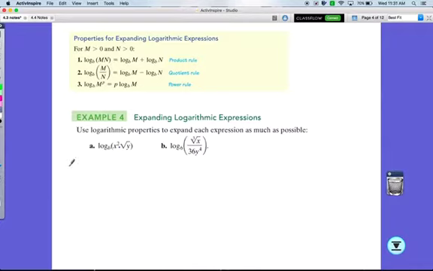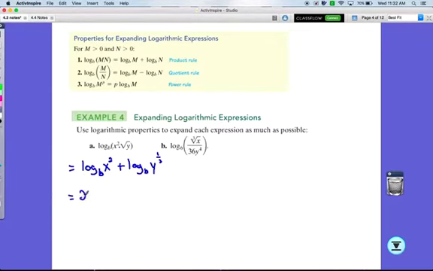So I can use the product rule to break this out as log base b of x squared plus the log base b. But I'm going to go ahead and rewrite that as y to the 1/2 power. Square root of y and y to the 1/2 power are the same. All right, and then I can use the power rule to bring those powers out front.